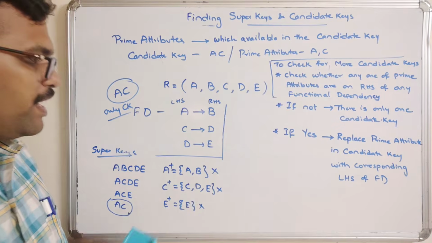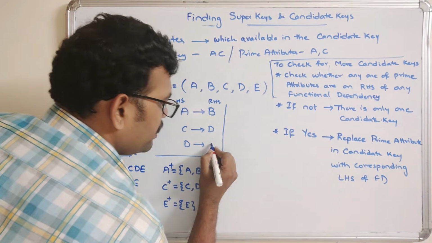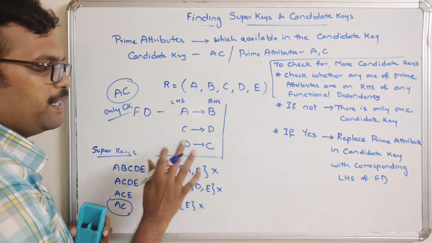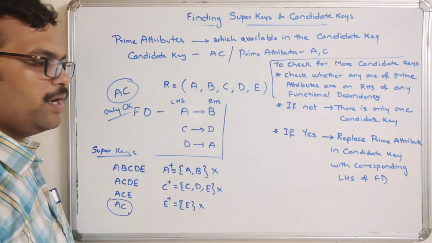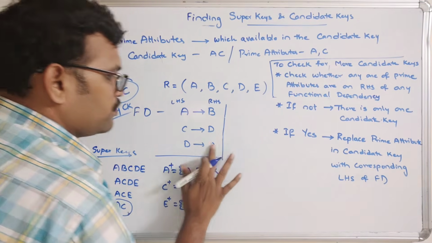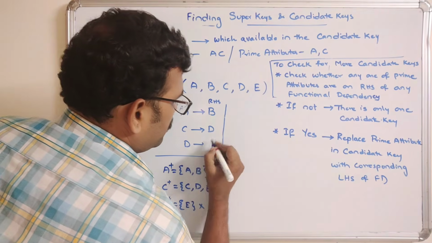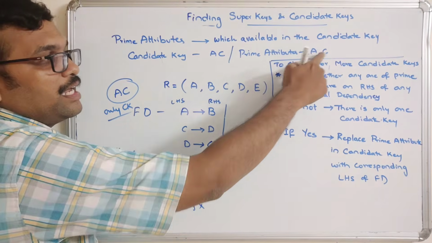For example, here we have AC. Say there is a functional dependency D tends to C. Now A, C are the prime attributes.